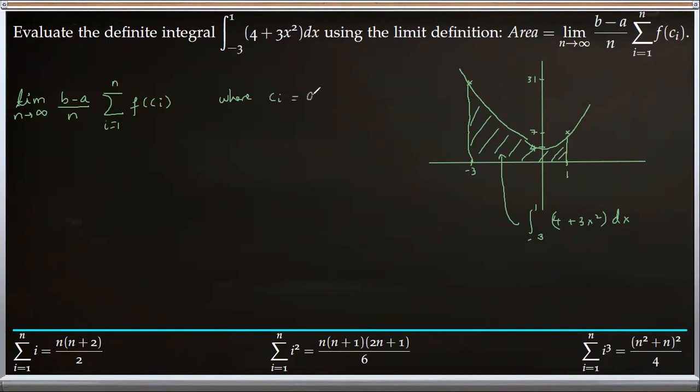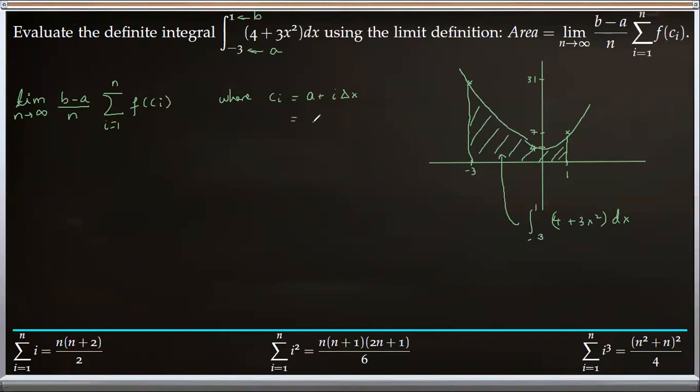So a plus i delta x. And we know a is -3 and b is 1. So this is our a. I mean, b is 1. B is 1. This is our b.